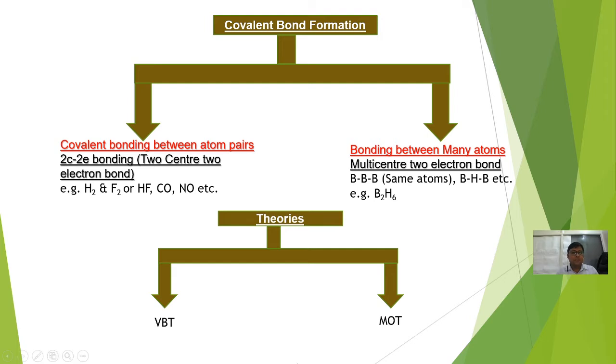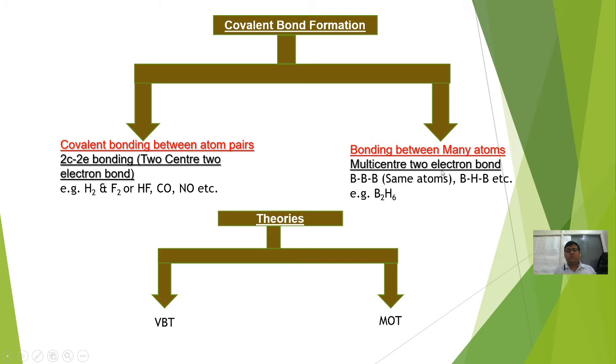Hydrogen has two nuclei and both hydrogen atoms share their two electrons. Here the two nuclei are considered as the two centers. Therefore this type of bonding is called two-center two-electron bonding.